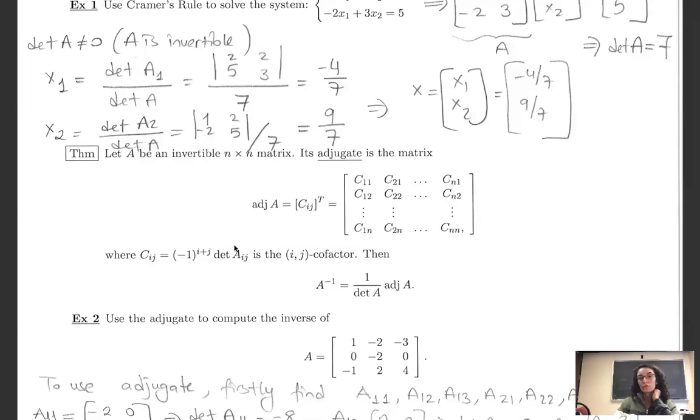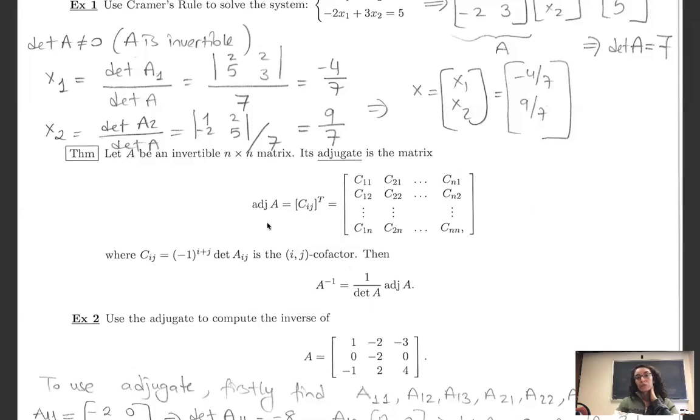And the determinant of capital Aij, these Aij's will actually be the submatrices, because you go to this entry and cover up the corresponding column and row. A11 will be this submatrix, and you need to find the determinant of this matrix. So we already gave the definition of these cofactors, and the adjugate matrix is defined as the transpose of the matrix of these cofactors.